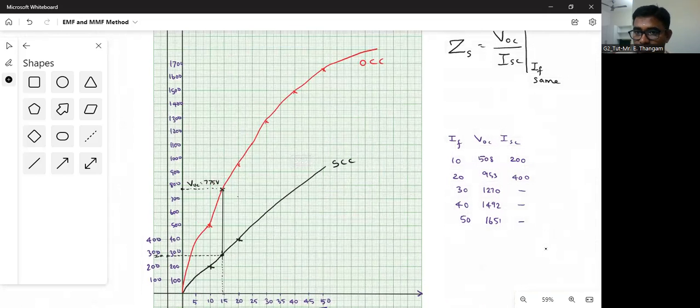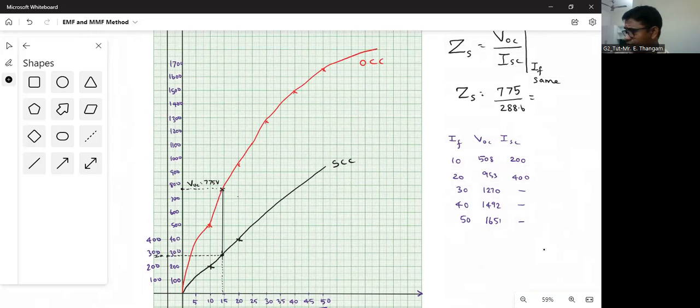You see I'm substituting all the values. ZS equals VOC, how much? 775 divided by 288.6, for the same IF value.